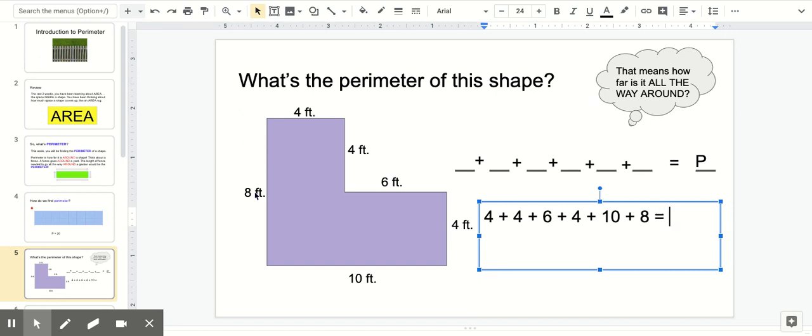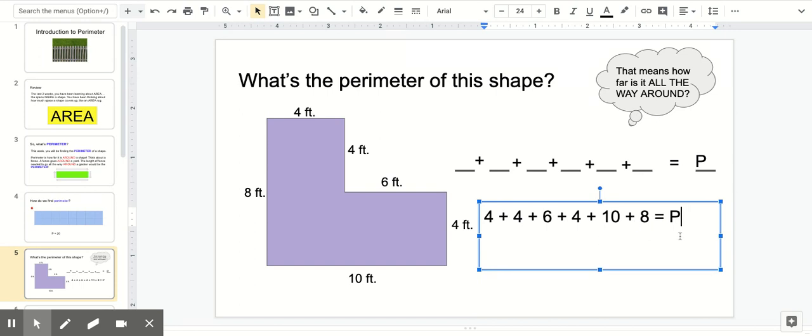And that's going to tell me my perimeter. So I'm going to double check. I know that there are 6 sides here. So that means I should have 6 add-ins. So I'm going to make sure I put 6 add-ins. 1, 2, 3, 4, 5, 6. That's a good check to make sure you haven't left a side out.